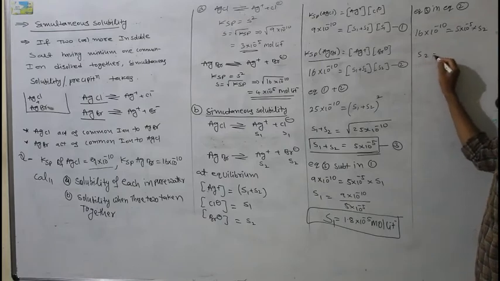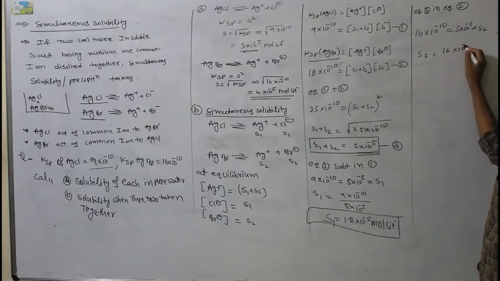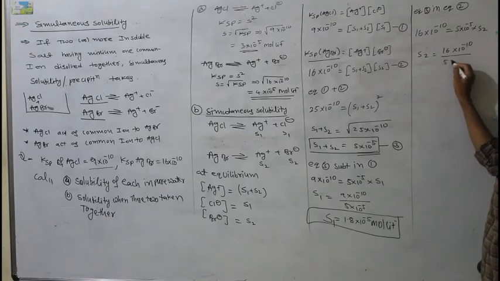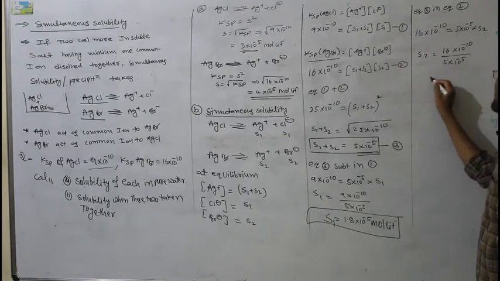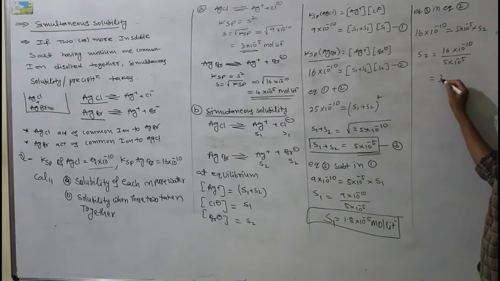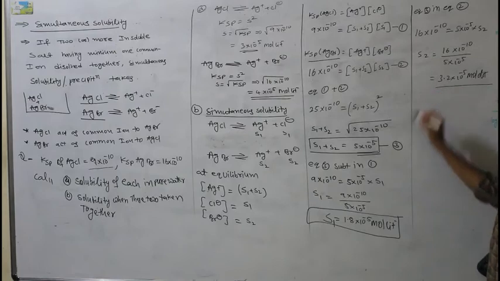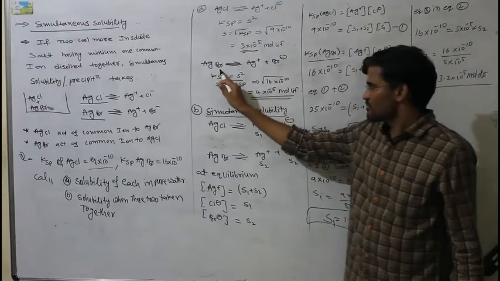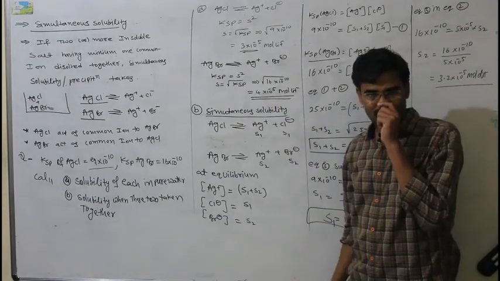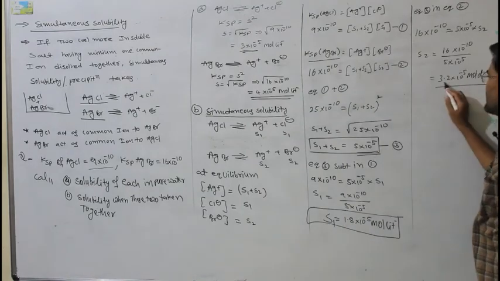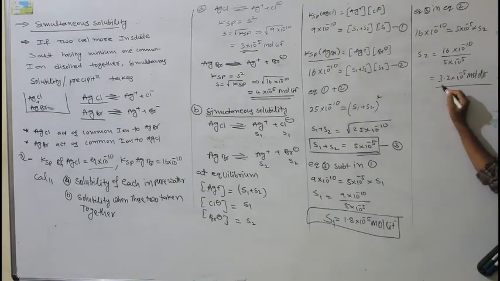So the S2 value will be 16 into 10 power minus 10 by 5 into 10 power minus 5, that is 3.2 into 10 power minus 5 mole per liter. In pure water, silver bromide solubility is 4 into 10 power minus 5, but here it is 3.2 into 10 power minus 5, slightly decreased.